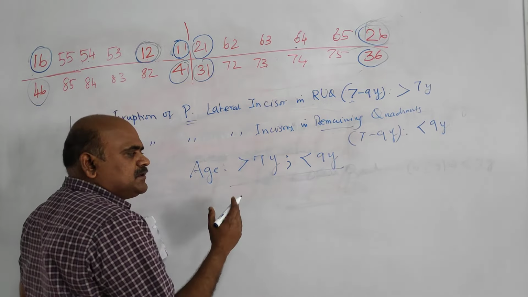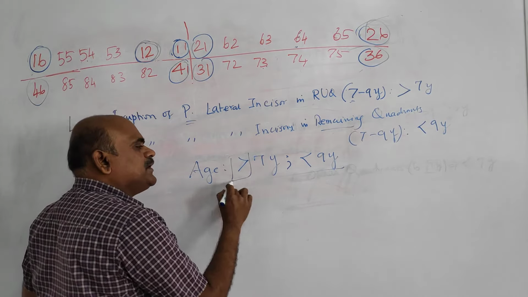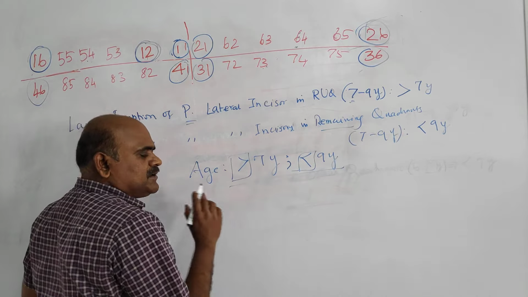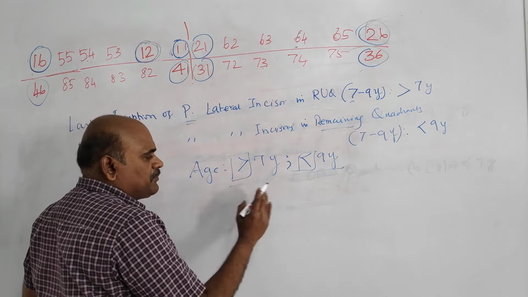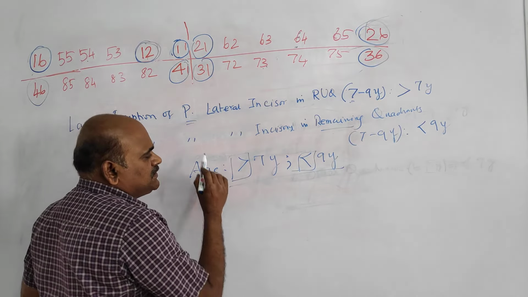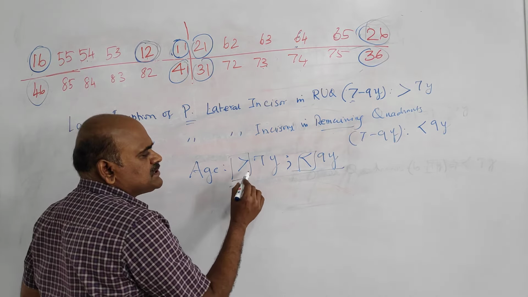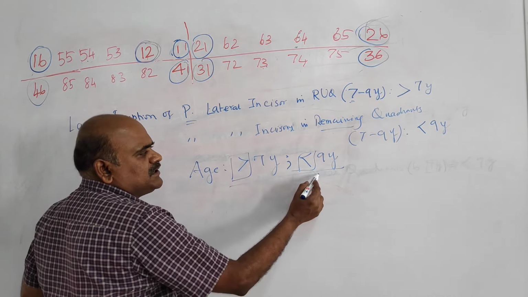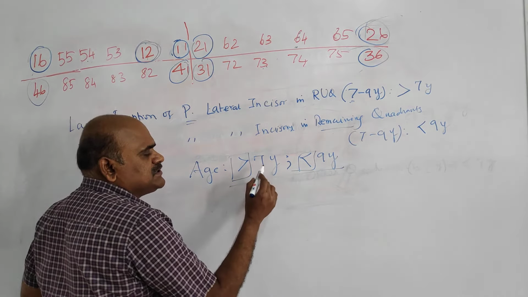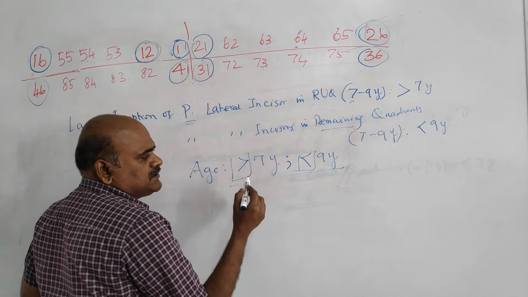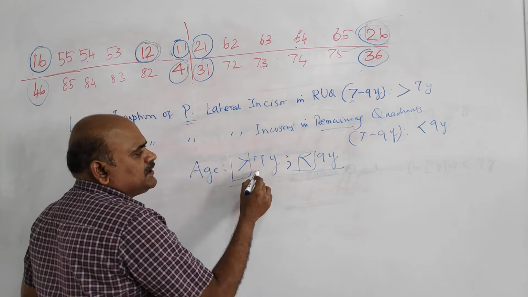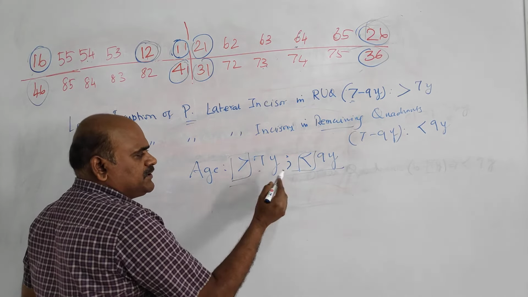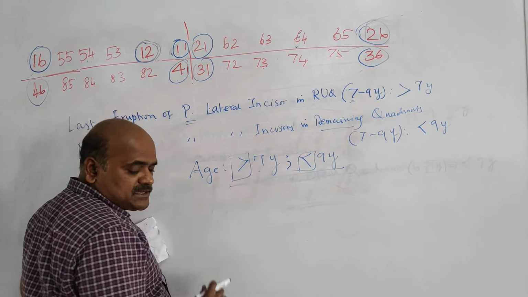You should not use symbols in the opinion; avoid symbols and write in proper words. Based on the dental examination, the age of the individual is greater than 7 years and less than 9 years, or simply more than 7 years, less than 9 years, like that.